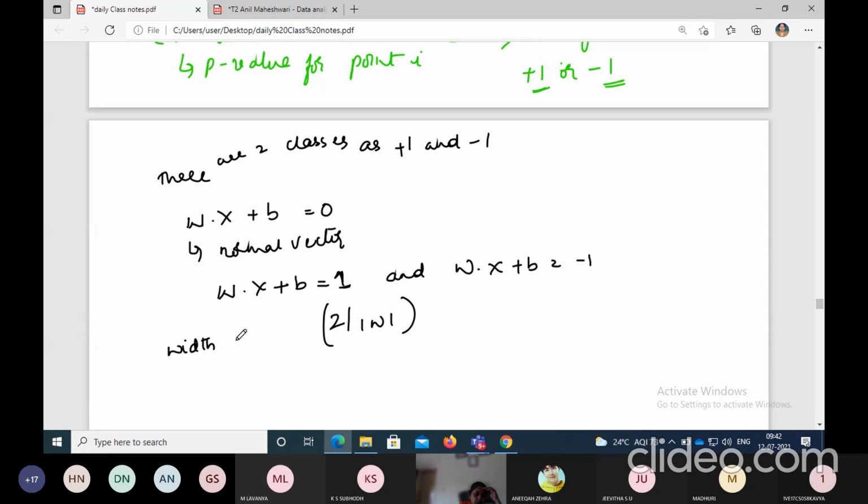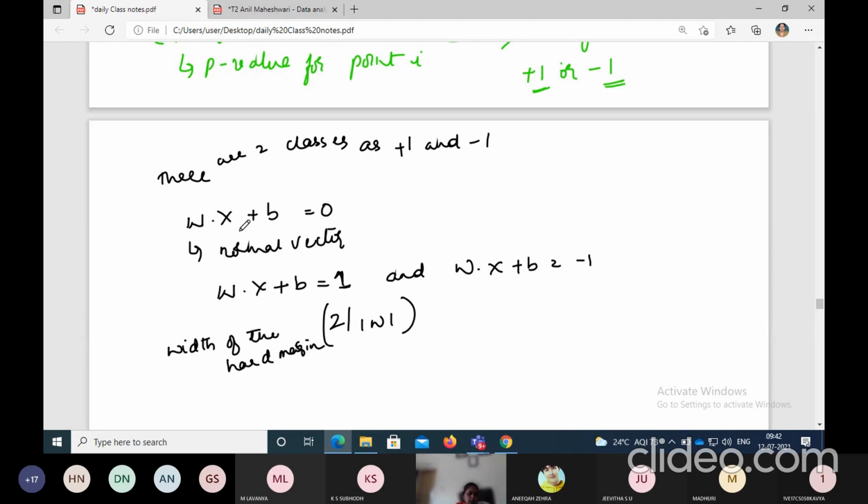This is the width of the hard margin. Hard margin means the thick line that I have drawn. W here is the normal vector.